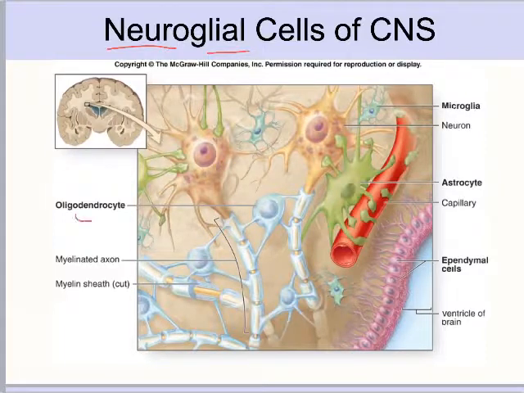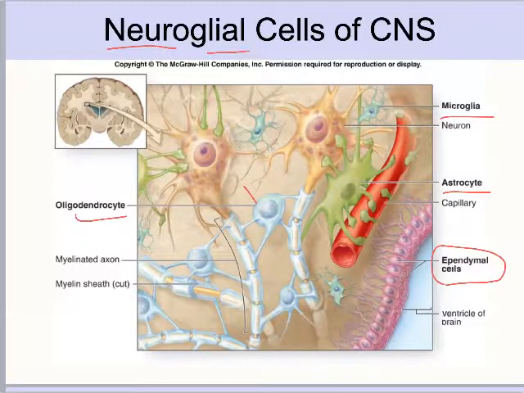So here's an oligodendrocyte, an astrocyte, which looks like a star. Microglia are these little tiny cells. Ependymal cells are like epithelium, right? They're going to line. Let's keep going and we can come back to this picture.